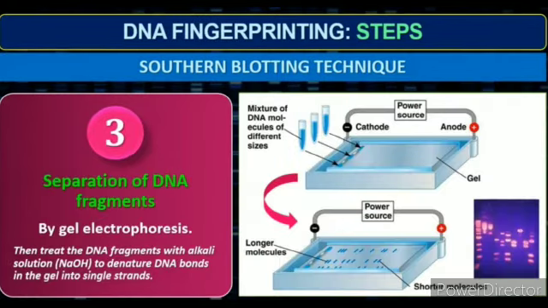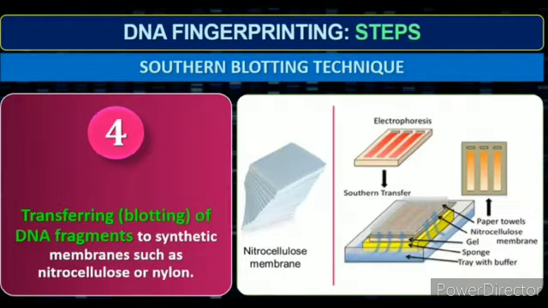Then the third point is the separation of DNA fragments by electrophoresis, that is the process of DNA fragment separation. Agarose gel is used for the electrophoresis. Then the fourth point, blotting, transferring the separated DNA fragments to synthetic membranes such as nitrocellulose or nylon sheets.